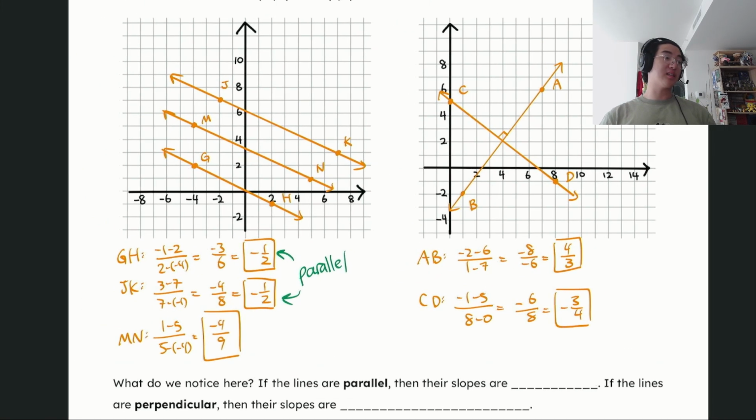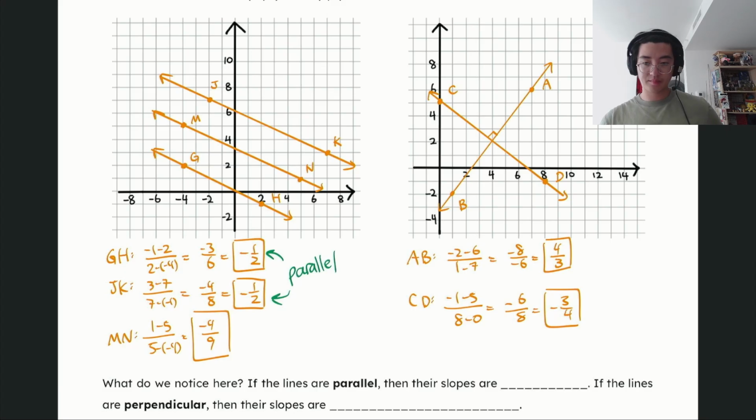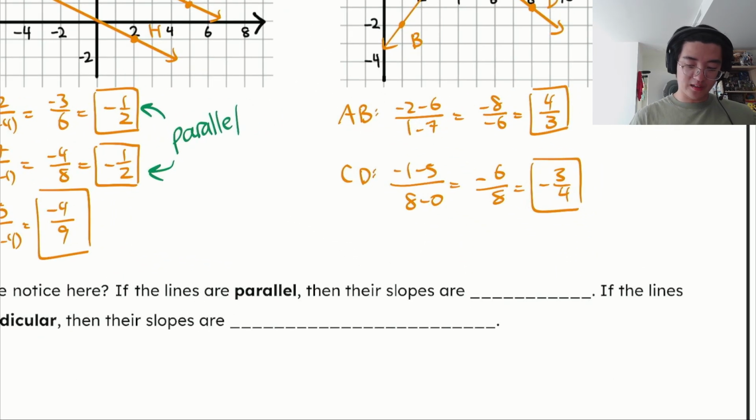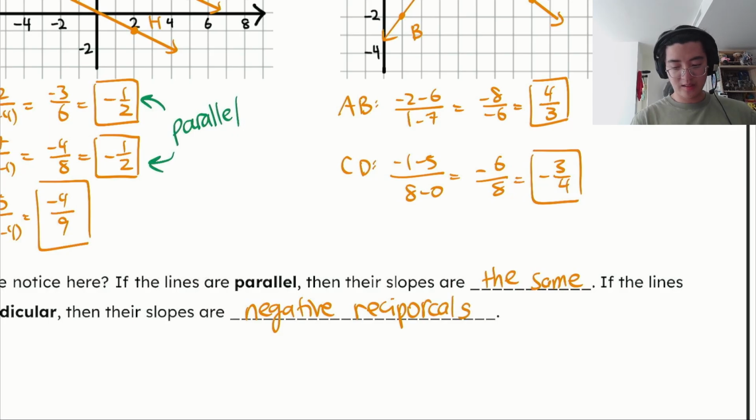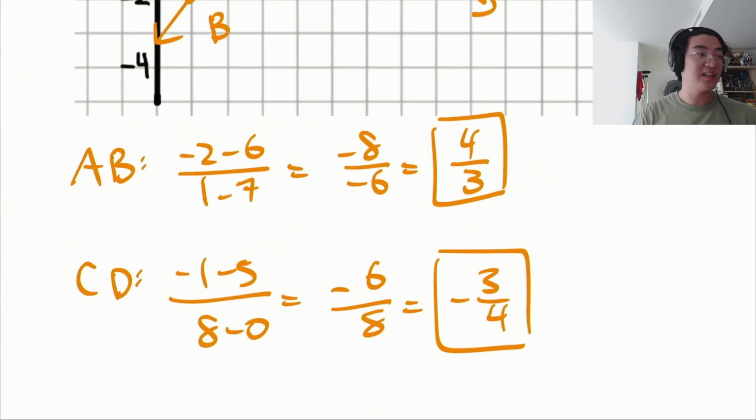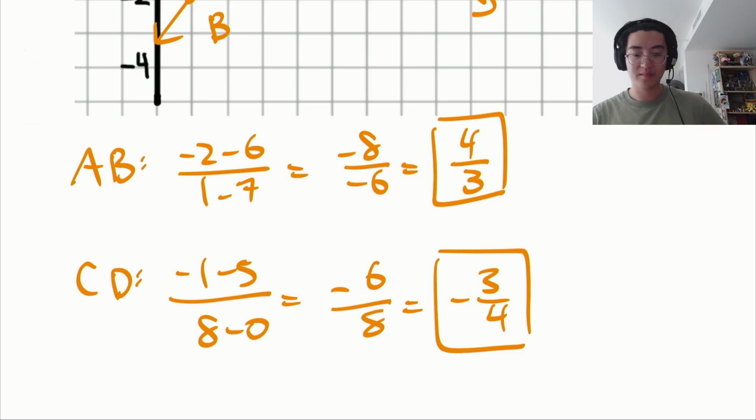Okay, so these are the slopes of two lines that are perpendicular. Right, so as a summary, parallel lines have slopes that are the same. But perpendicular lines have slopes that are what we call negative reciprocals. Remember when we were working with negative exponents, a reciprocal is just a fraction flipped upside down. When two lines are perpendicular, their slopes are flipped upside down and with a negative sign. So 4 over 3 is perpendicular to negative 3 over 4.